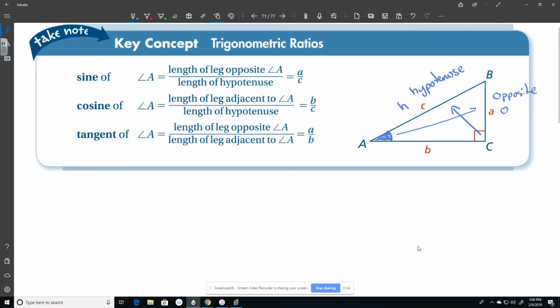And we're going to abbreviate with the letter O. And I know I don't like to do that because it looks like a zero, but today we need to call that O for opposite. And then the side that is connected to A, that's not the hypotenuse, the other side that's connected to A, we call the adjacent side. And we're going to abbreviate that with an A.